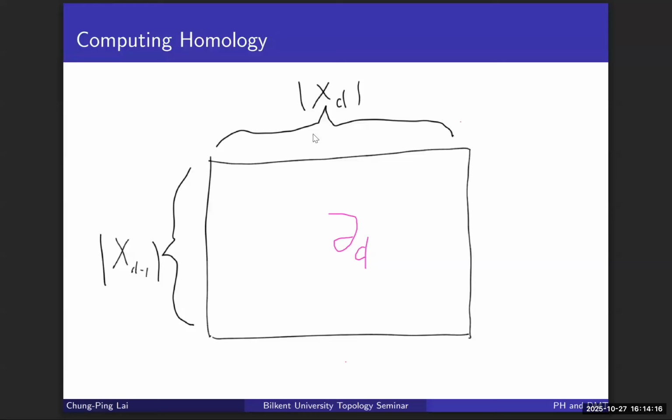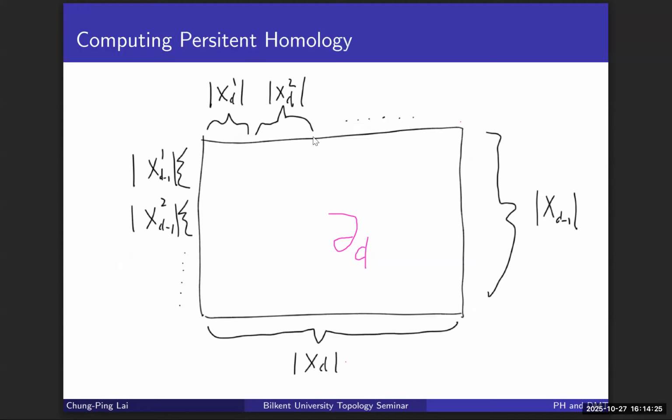Just looking at this, you can already see why reducing the number of cells is interesting. But a bit more interesting, which goes to why persistent homology is computable, is if we look at this differential slightly differently, because we were talking about filtrations, right?